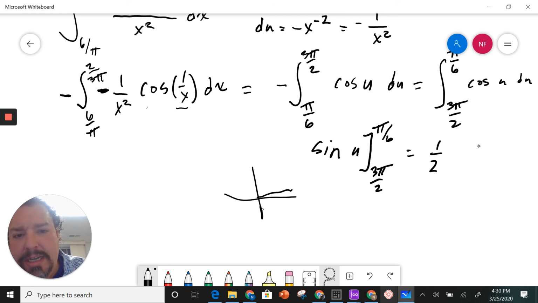Pi over 2 is going to be down here, and 3 pi over 2 is at the bottom. So that's going to be a -1. So we are subtracting a negative. Remember, it's always the top minus the bottom. So 1/2 is what we get on the top, minus, when we put in 3 pi over 2, we get -1 on the bottom. So we have our answer, 3 over 2.